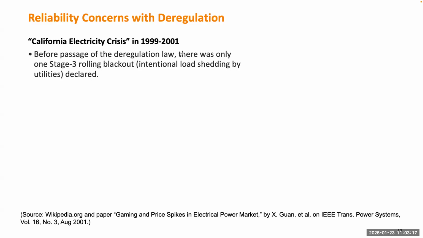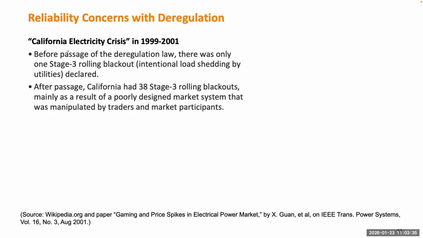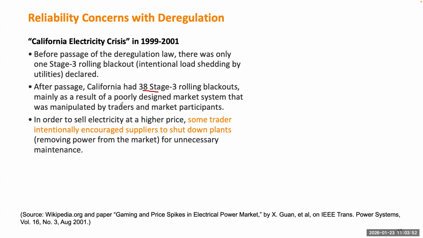You cannot cut important load, like hospitals and airports, but you can trip some unimportant load. Before this law was passed, there was just one such blackout in history. But quickly after the passage of the law, California had 38 such blackouts. Most of them were caused by the poorly designed market system that was manipulated by traders or market participants, who just tried to maximize their price and their profit.